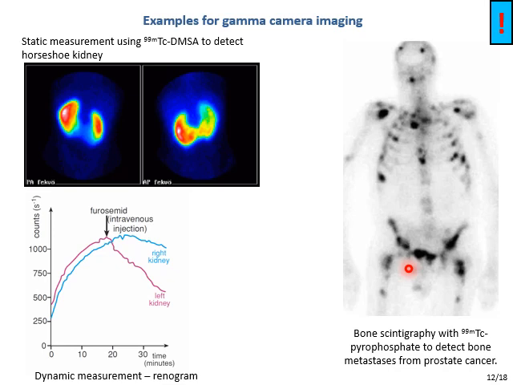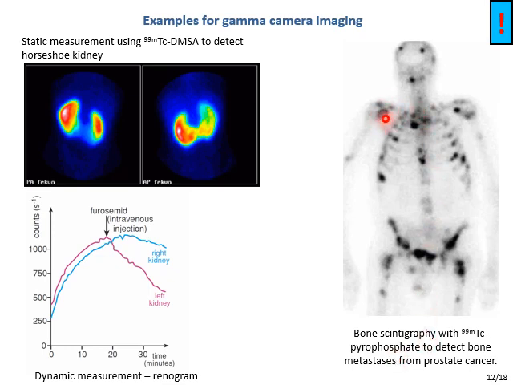If cancer metastasizes into bone, then at the site of the metastasis, very active bone restructuring or rebuilding is taking place, and therefore this radioactive technetium-labeled pyrophosphate will be incorporated into bone.